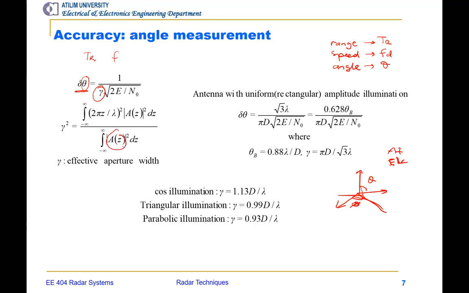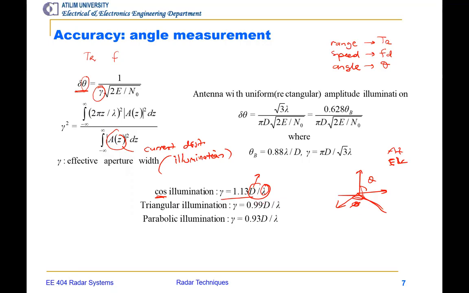Here, A of c is the current distribution, or illumination, in other words. For cosine type illumination, gamma becomes 1.13 d over lambda. Here, d is the size of the antenna, lambda is the wavelength, as you know.